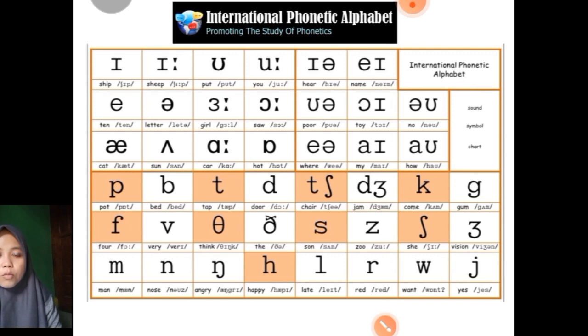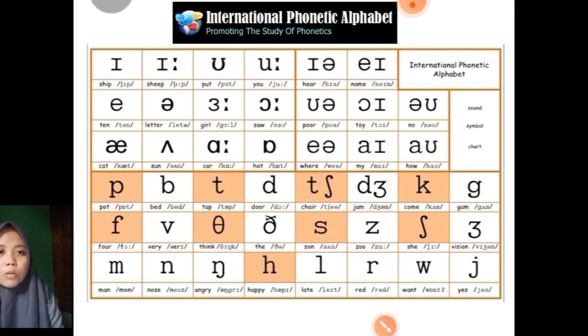For example, in the word play, the vowel A has two sounds. The first diphthong is here, the word is here. And then the next diphthong, and the word is name. And then the next diphthong, and the word is poor.